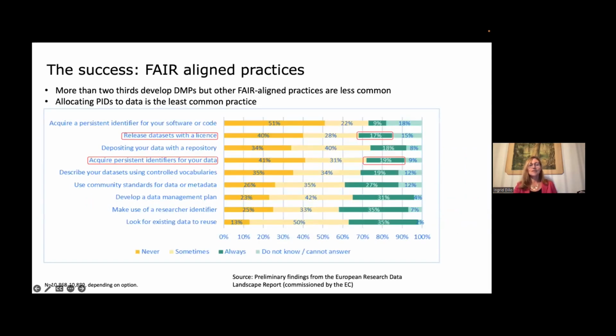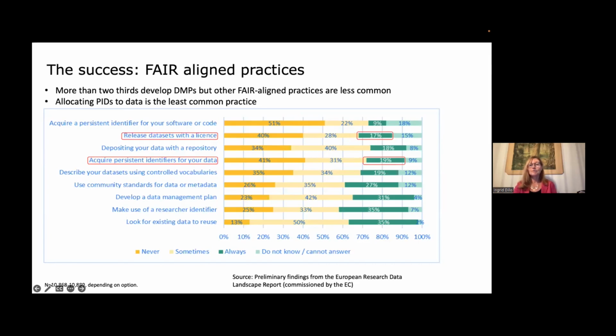You also see this in this slide when the researchers were asked about their daily data practices. And you can see on the screen that very basic FAIR elements like adding a license to your data set or acquiring a persistent identifier for your data set are still not common use.